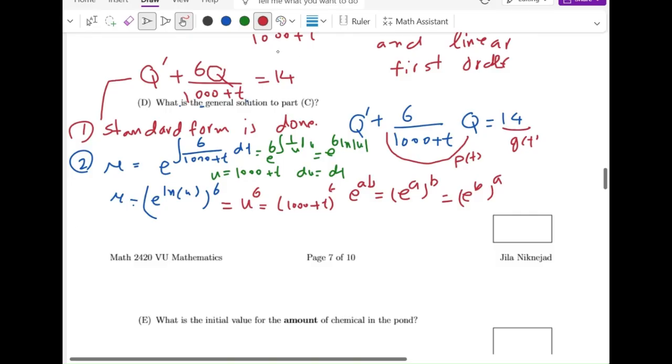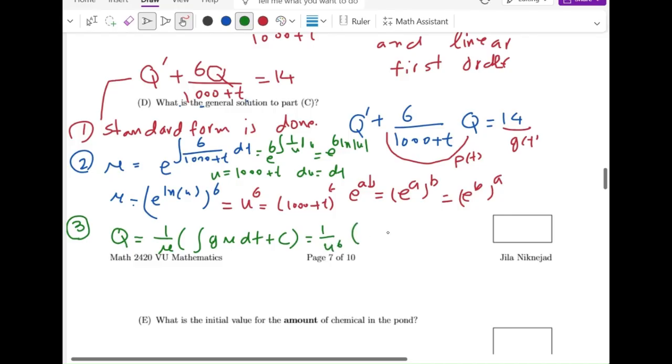The following step is computing q. So q is going to be 1 over mu times integral g of t times mu dt, for short I wrote d mu, plus c. And so 1 over mu, let's keep that as 1 over u to power 6.